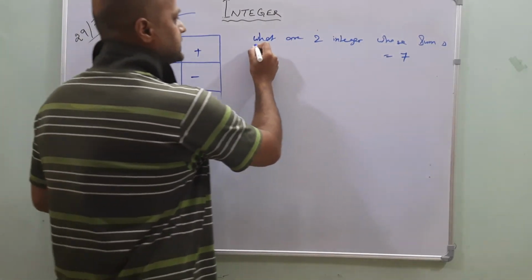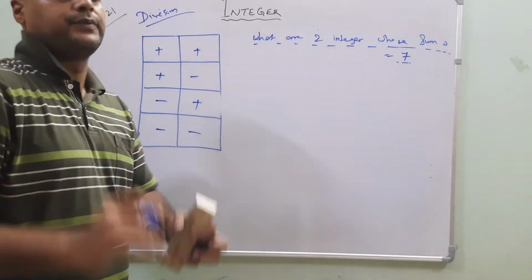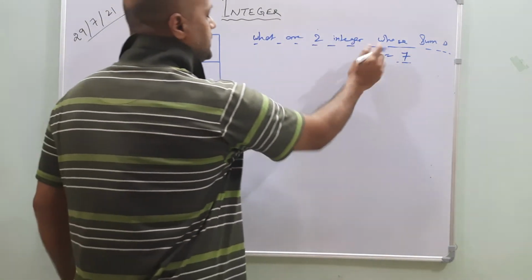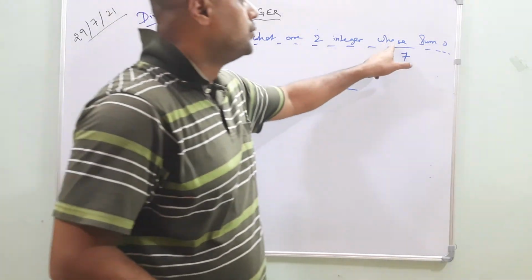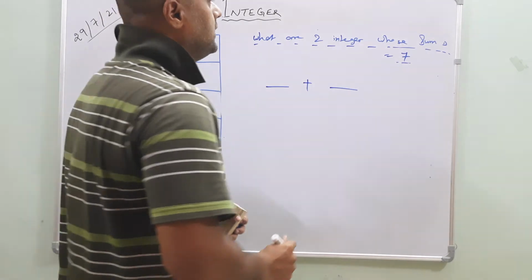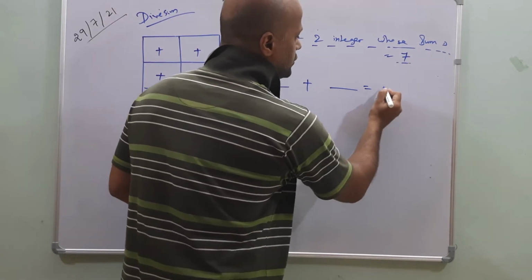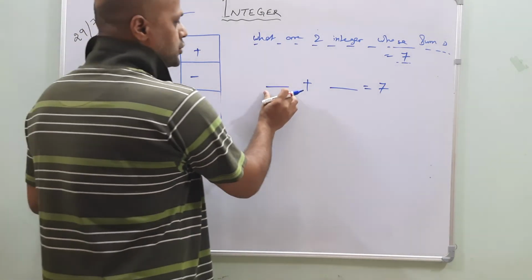So, in this question, you have to make a simple statement first. What is that? What are two integers? Suppose these two are two integers whose sum, meaning addition, is equal to 7. Okay, understood?